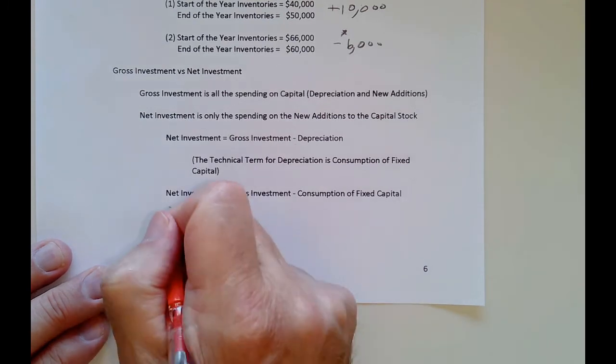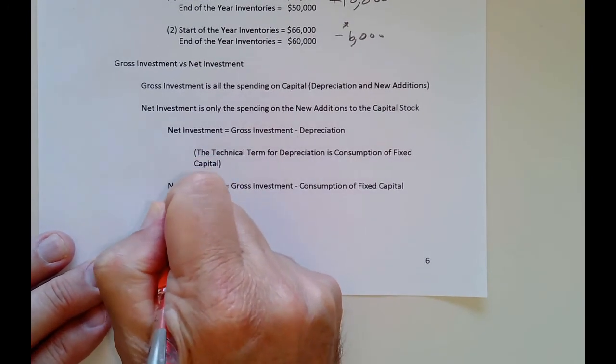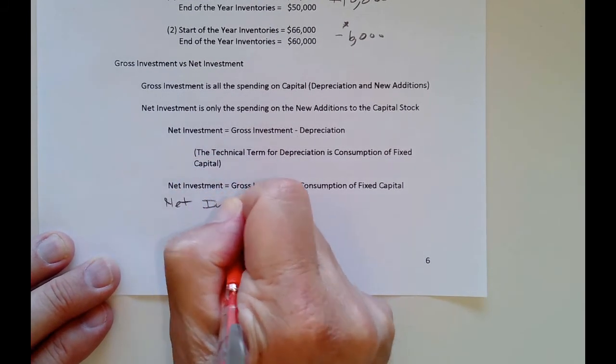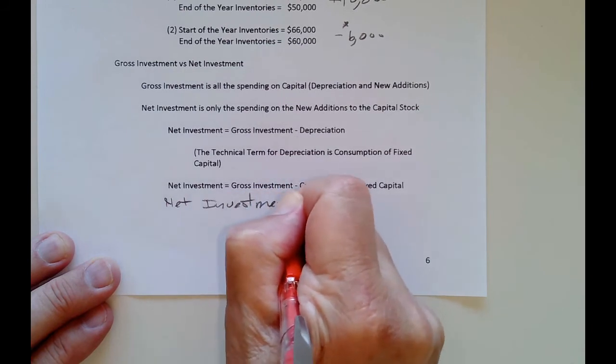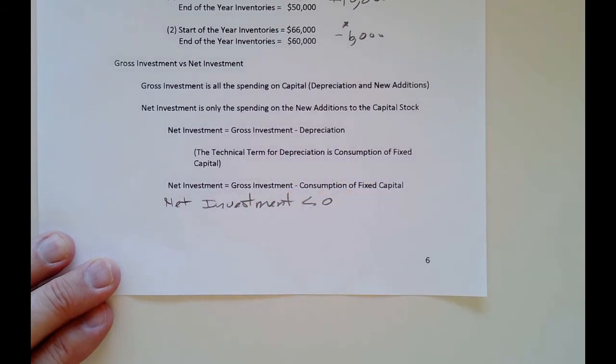And so if net investment is a negative number, that means we had more depreciation than we had in gross investment, and so the capital stock was falling.